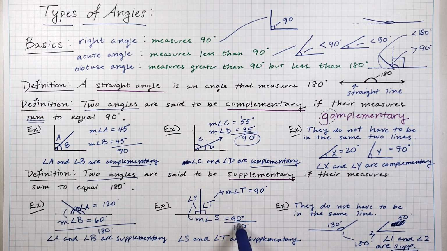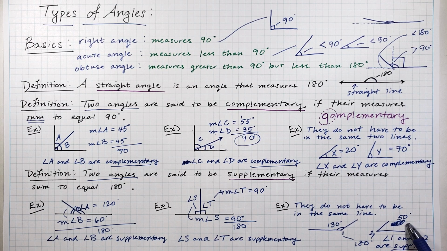Because they add to be 180, we say angle S and angle T are supplementary. Then similar to here, we broke them up, so we took two different angles. This one's 130, this one's 50 degrees. Add them both together, you got 180, and you say angle 1 and angle 2 are supplementary because they add to be 180. All right, guys, that's going to do it for these first few angles.